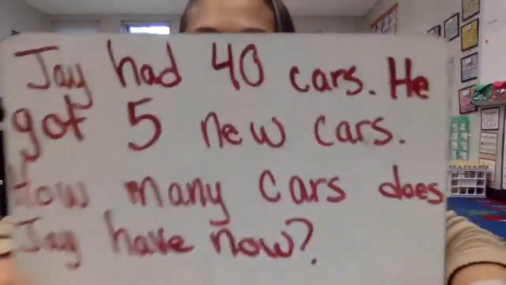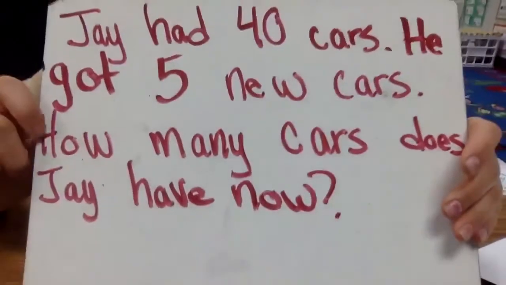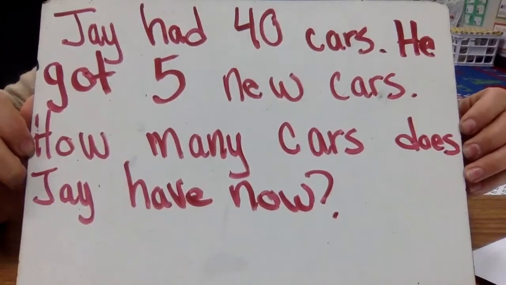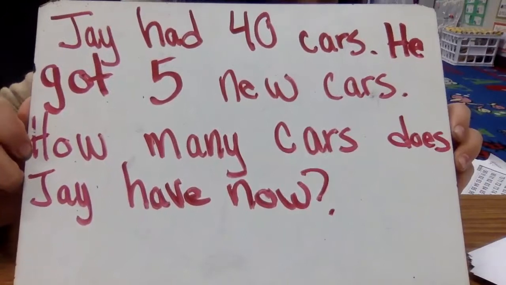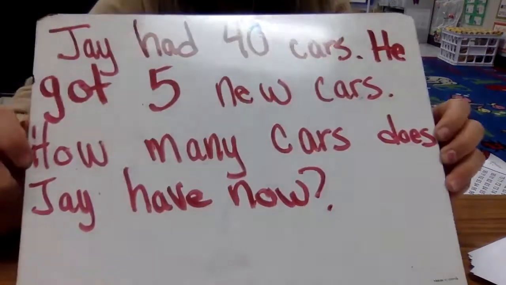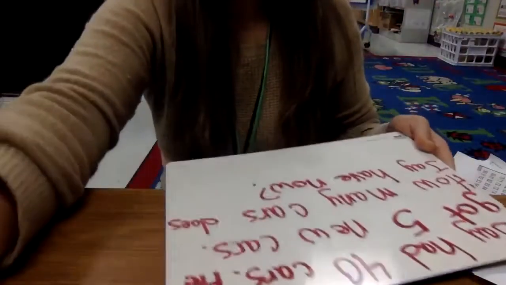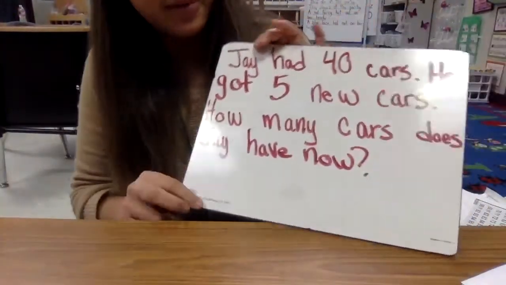Here's our word problem. Jay had 40 cars. He got 5 new cars. How many cars does Jay have now? Remember, the first thing I asked for everybody to do is draw a picture of the problem.